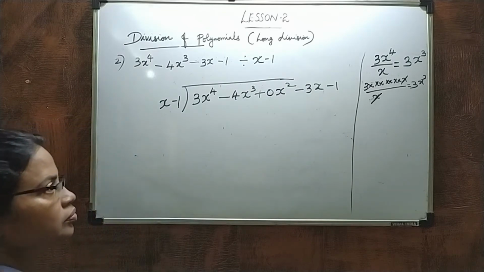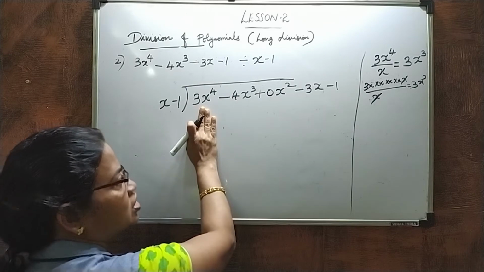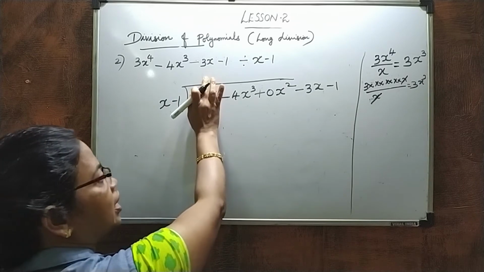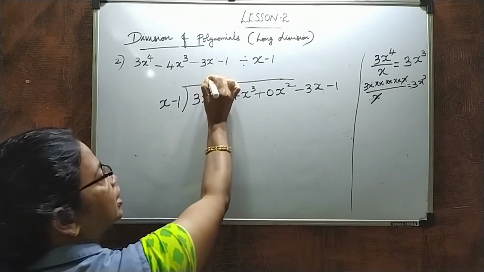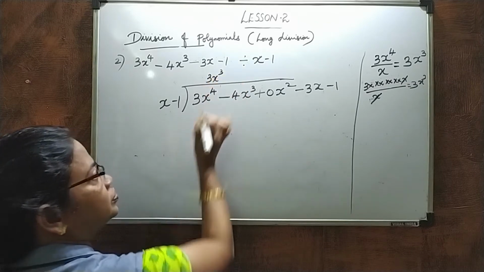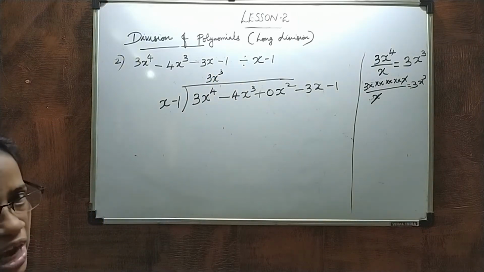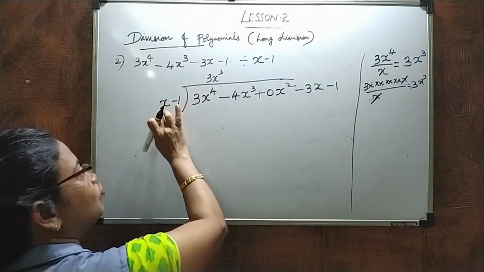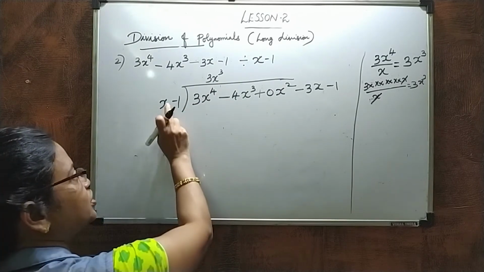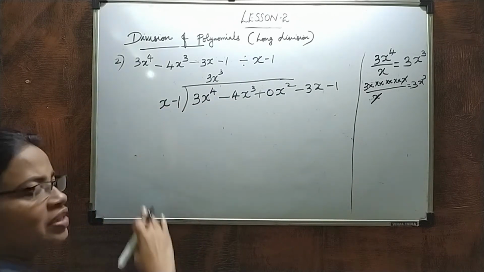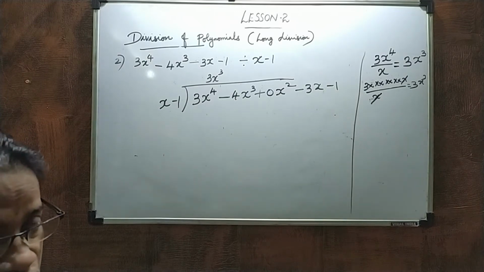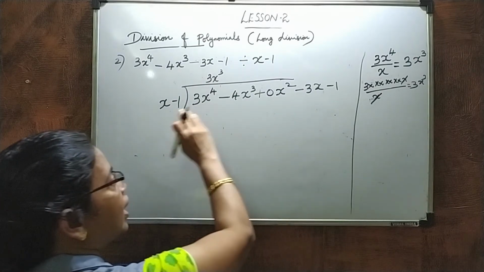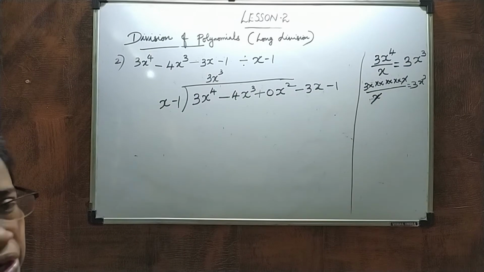Okay. So, after the first step of dividing the dividend by the divisor, you will get the first term of the quotient, 3x cube. Now, after division, multiplication. Multiplying the quotient into the full divisor. You have to check not only the dividend but the divisor also, whether they are in descending order.